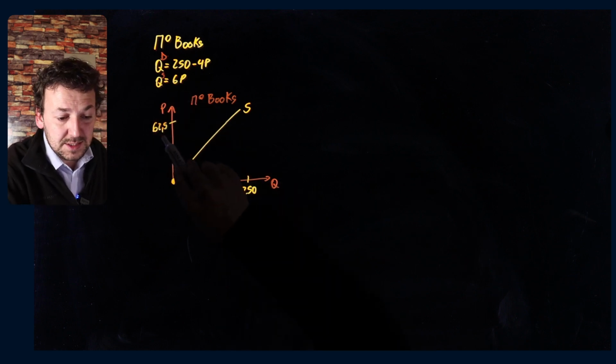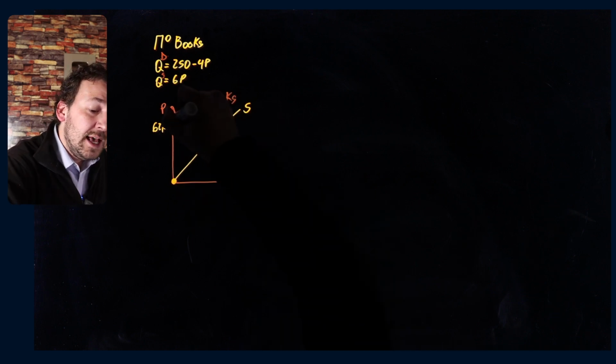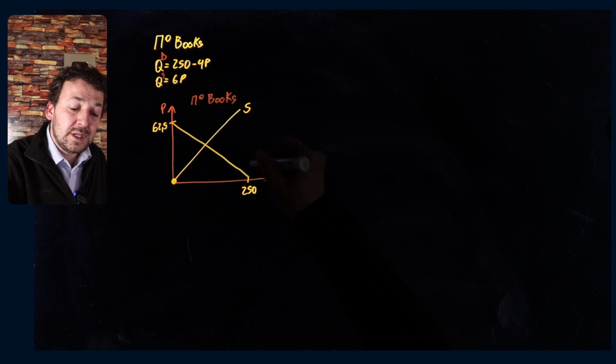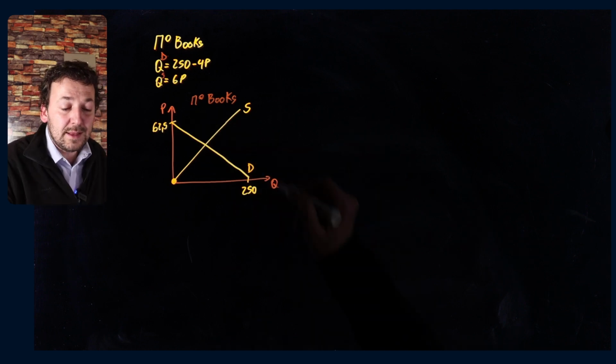Let me check this. 62.5 times 4 is 250. Yeah, that's correct. And then we will link these both points, and we will have the demand.